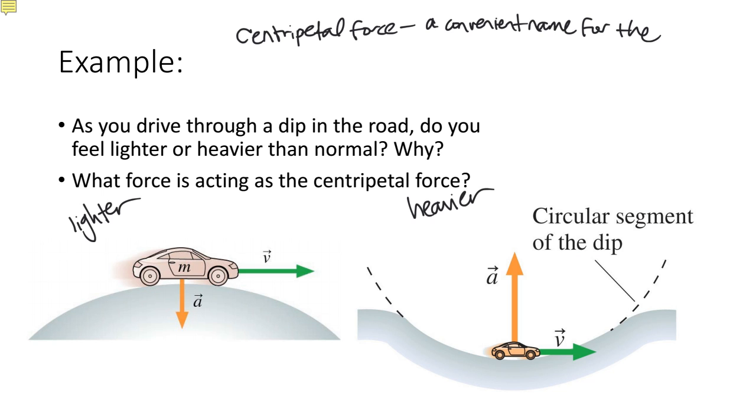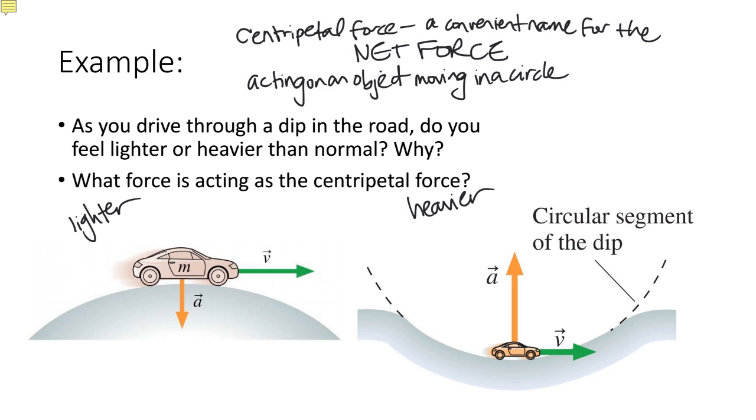Remember that the centripetal force is a convenient name for net force acting on an object moving in a circle, which means that this car on the crest of the road is going to have a net force acting downwards. What that means is that the downwards force of gravity has to be larger than the upwards normal force.